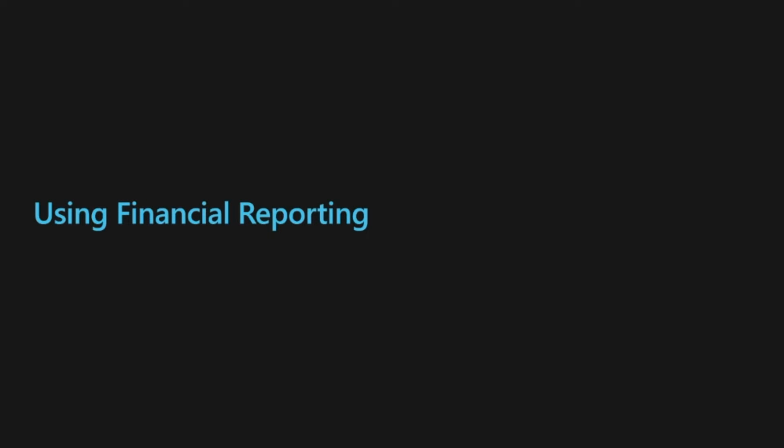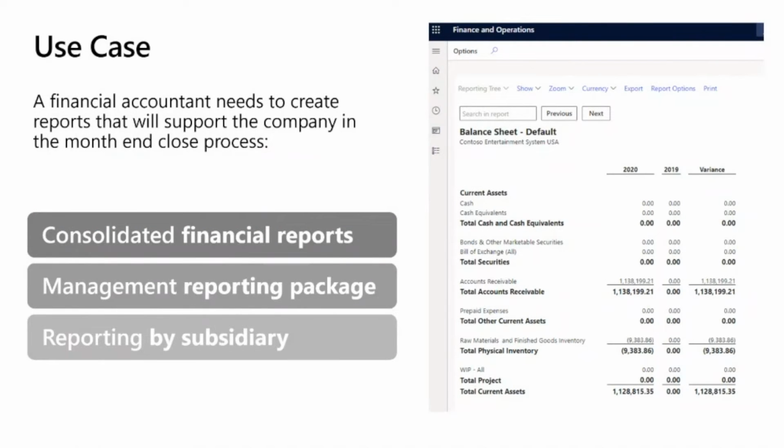Using financial reporting. In the beginning, I'd like to explain the use case of the feature. A financial accountant needs to create reports that will support the company in the month-end close process.